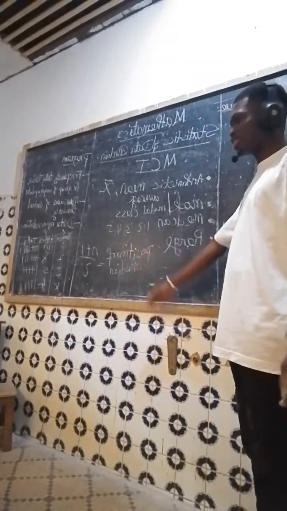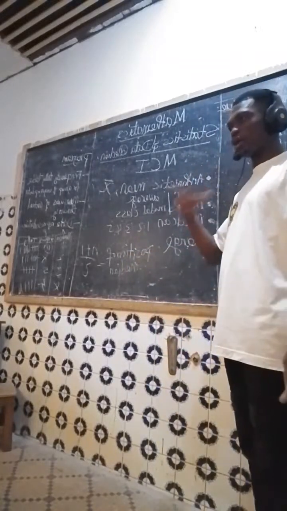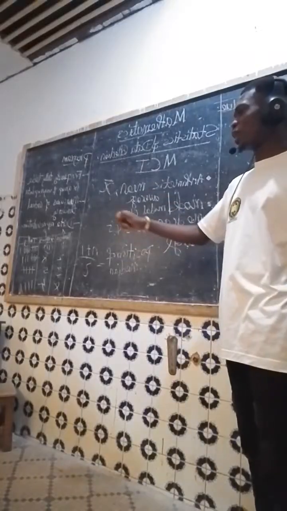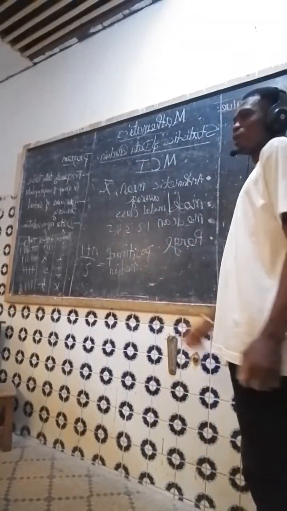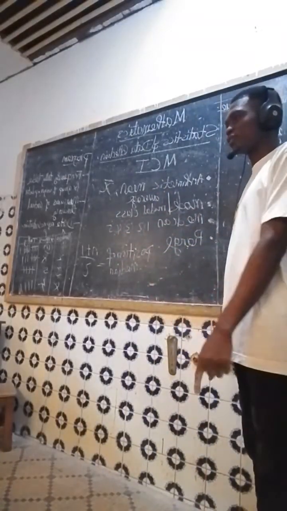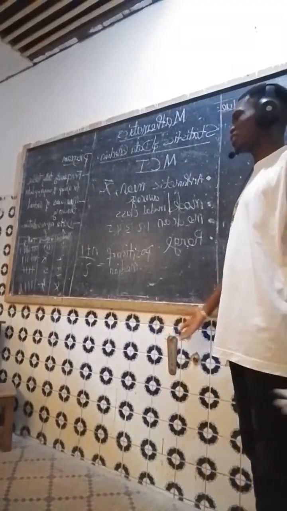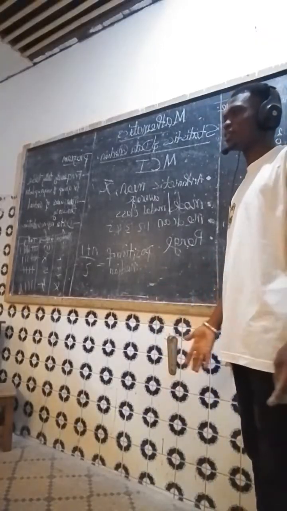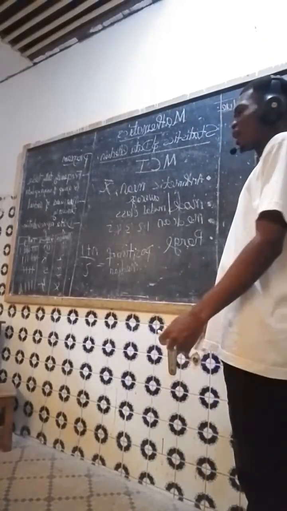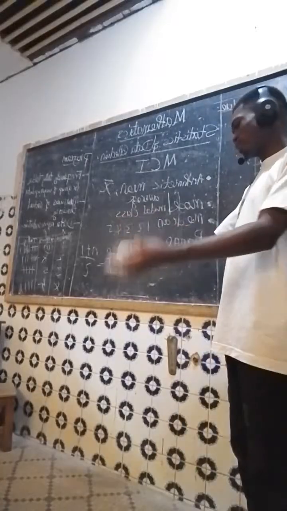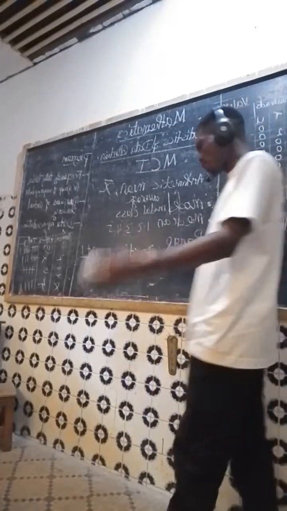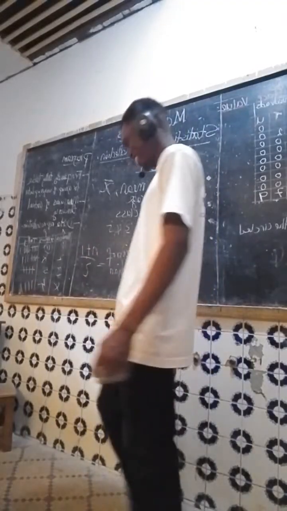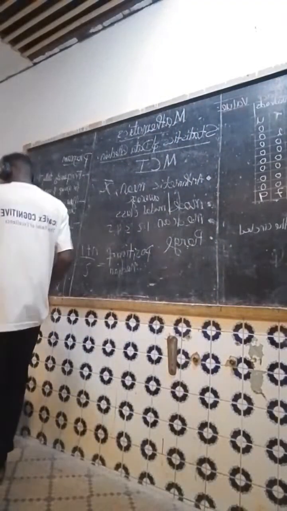That is when you start remembering how you went to the delegation to deposit your document, how you paid 20,000 francs, how you stood in front of the DO's office for 4 hours before he came back and signed your document, how you wasted transport money when you were supposed to be doing something else.